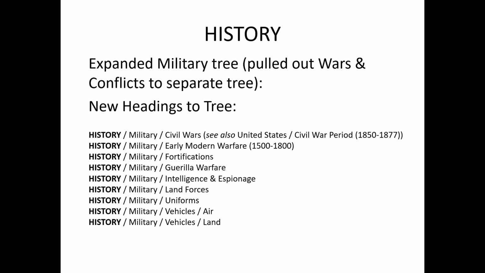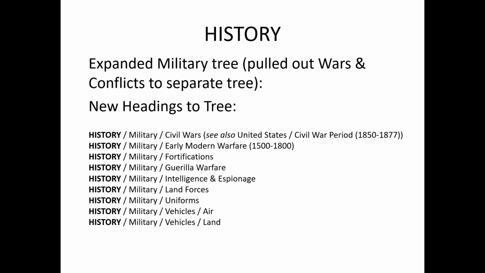So for the military tree, we added Civil Wars with a C also heading to the Civil War. So adding that cross-reference so people wouldn't be confused, and include books about the US Civil War under that heading.